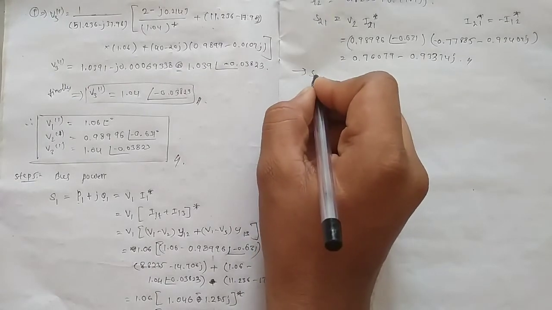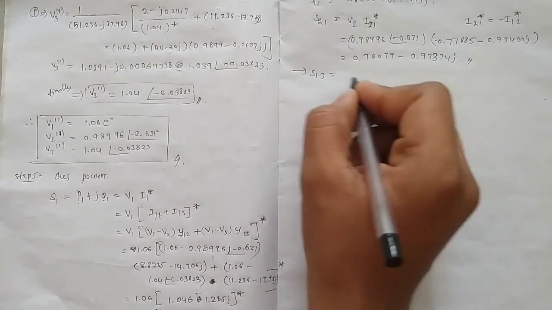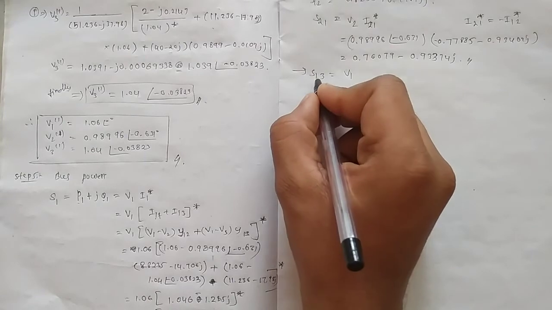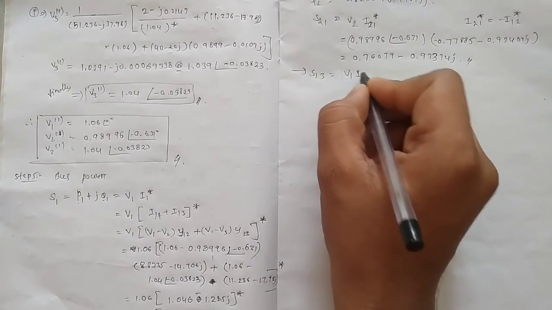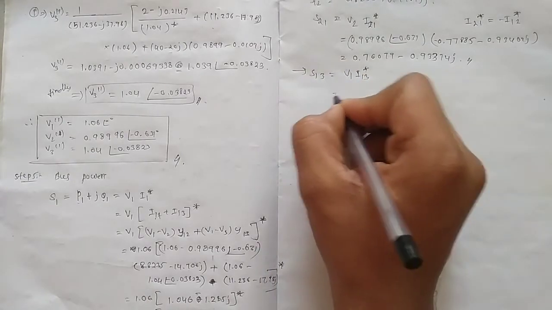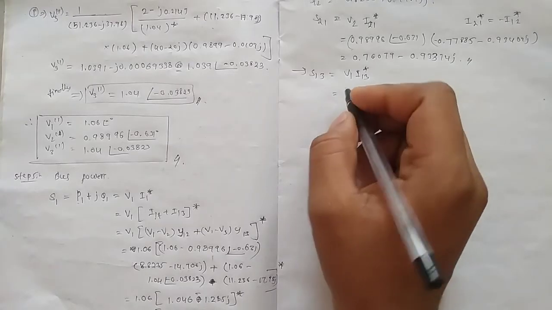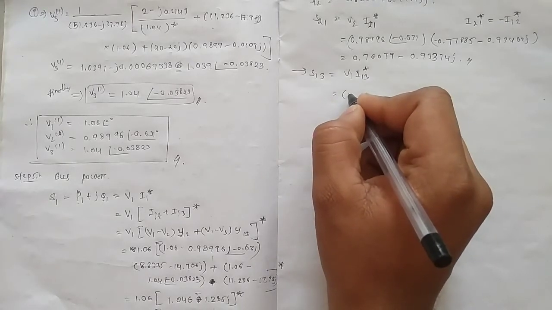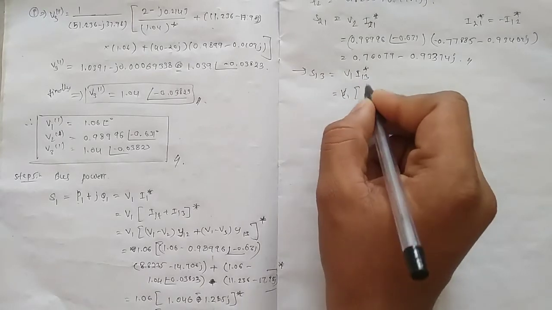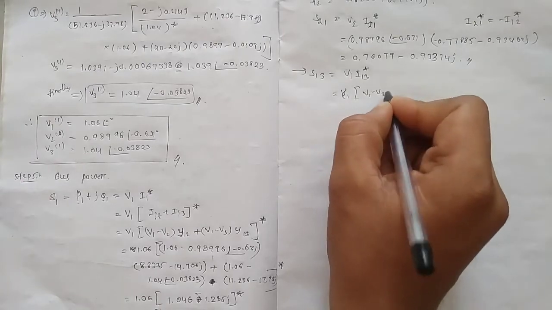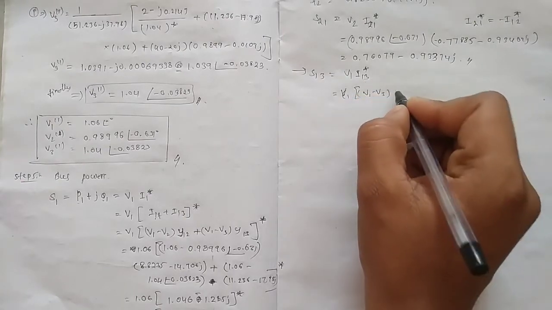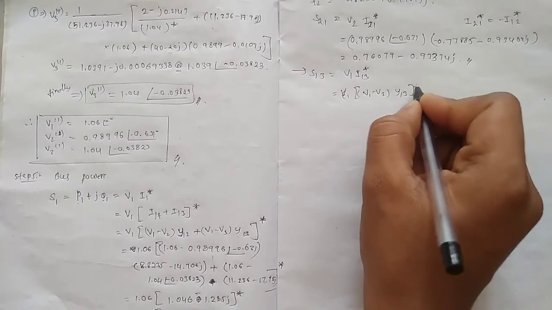Now we need to calculate S13. Similarly, we are at the bus referring, V1 and I13 conjugate. V1 into, split this, V1 minus V3, Y13 whole complex.